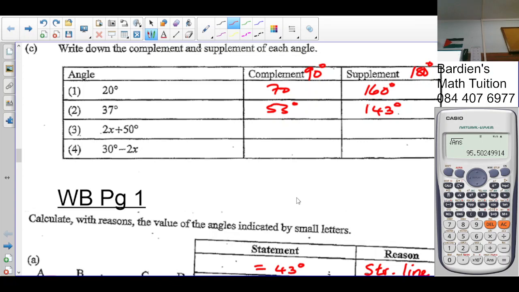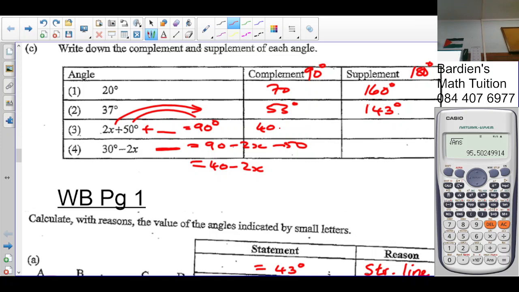So this must add up to give you 90. You take it over the equal sign. So what we need to add is going to be 90 minus 2x minus 50. Can you see it's like an equation? So 90 minus 50 is 40, minus 2x. That's going to be 40 minus 2x.